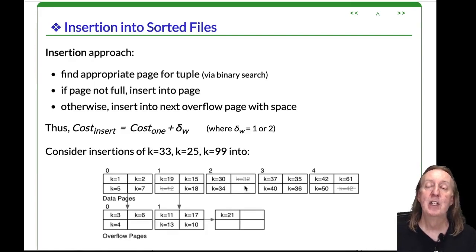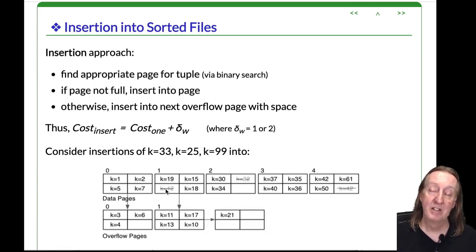Now within a page, the tuples don't necessarily have to be sorted by the key, although it might be convenient to do that. If we then try to insert k equals 25, then the minimum value here is k equals 30, so k equals 25 doesn't belong in this page, and k equals 25 is obviously greater than the largest value here, k equals 7, so k equals 25 belongs in this page, but this page is full.